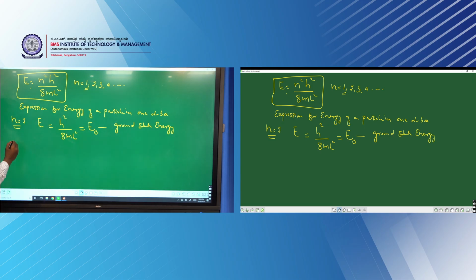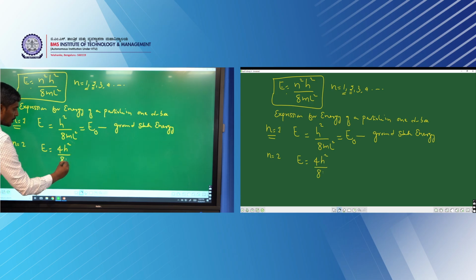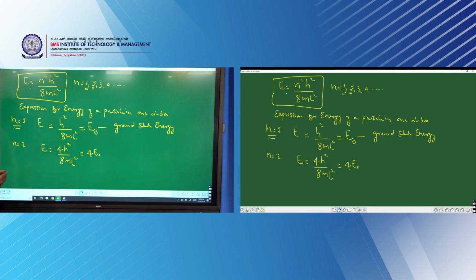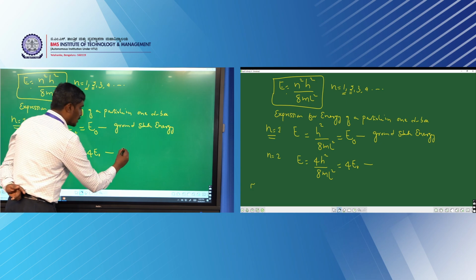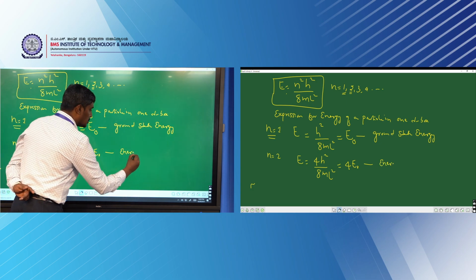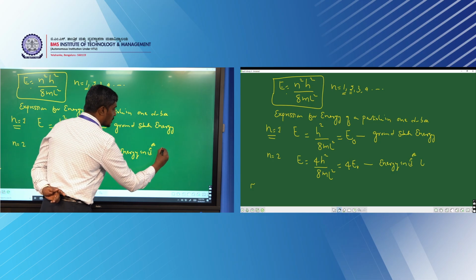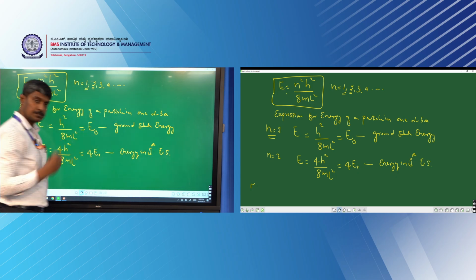Next, what is the next possible value? n is equal to 2. So n is equal to 2 means again I will get one more energy. E is equal to 4 h square by 8 m L square, which I can write as 4 times E naught. This is the next energy which is allowed, called the energy in the first excited state.